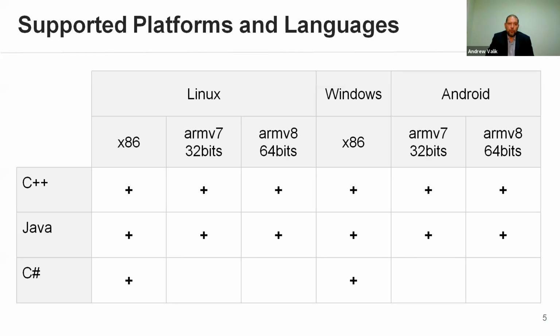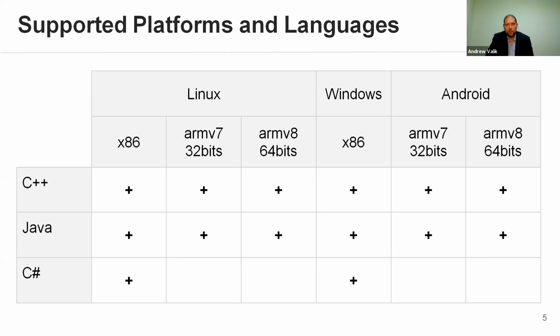Also, we provide a few languages. C++ is the native language for Face SDK. The C++ interface is the native and fastest interface for Face SDK. Java is a Java wrapper of C++.